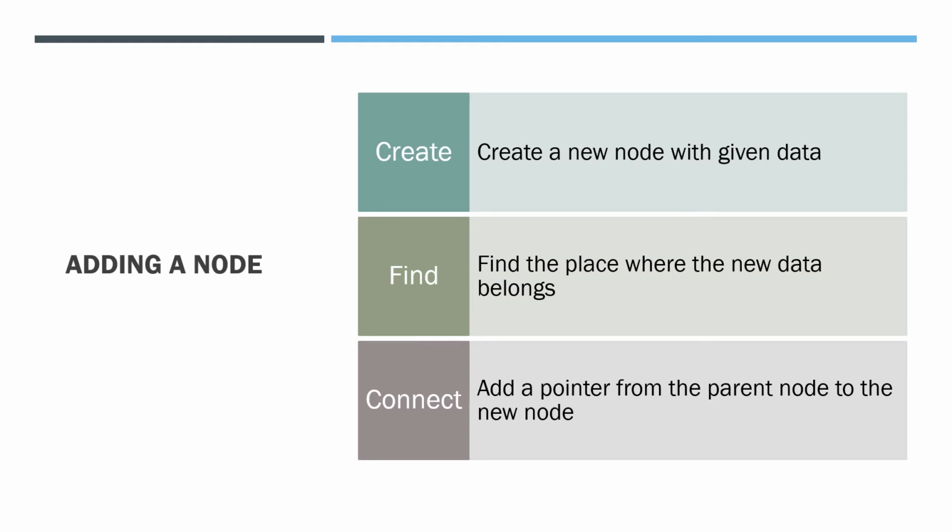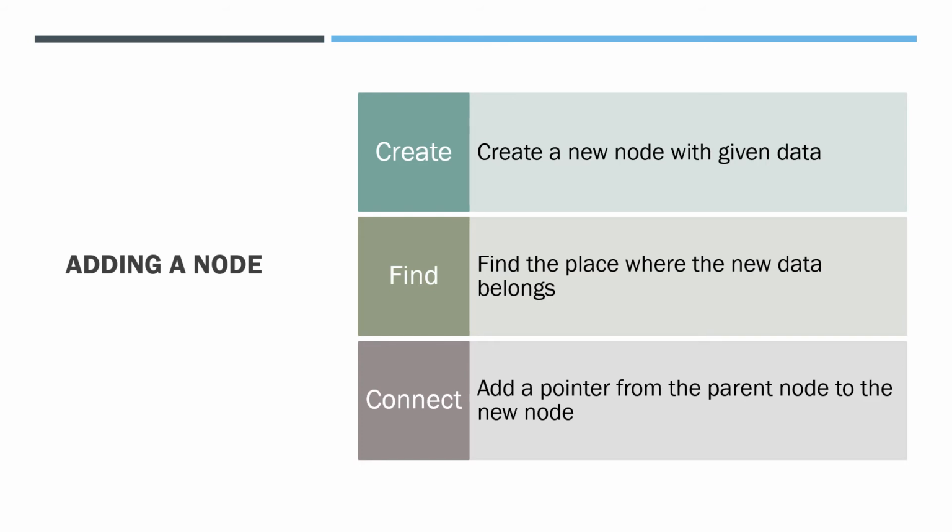When we add a node, we have to do 3 steps. We've got to make the node at a free location in our computer's memory. Then we have to find a place where we can add the node to the tree. For example, a node that has got some spare space, where at least one of the pointers hasn't been used yet, so it's got room to add on a new node.